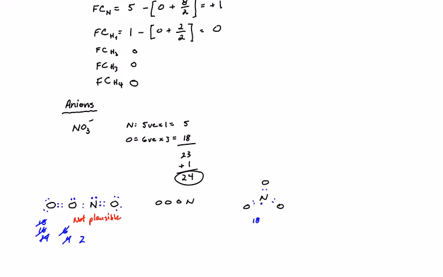Let's say we want to put another pair of electrons on nitrogen to give us our octet, and that should be good. So I'm going to redraw this a little bit here. So we're down to 16 electrons that we're trying to account for.